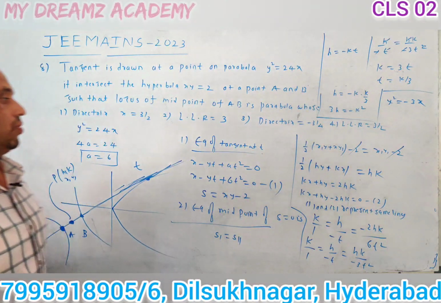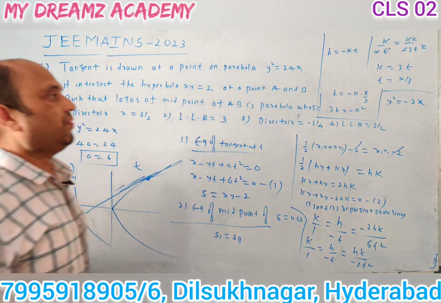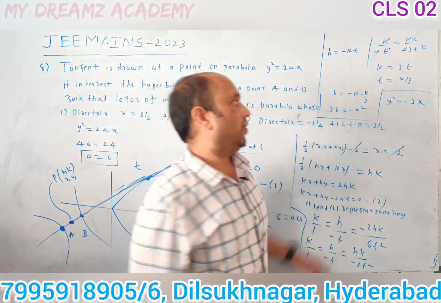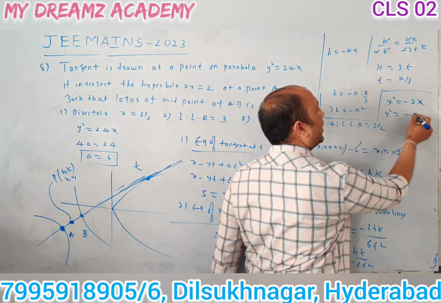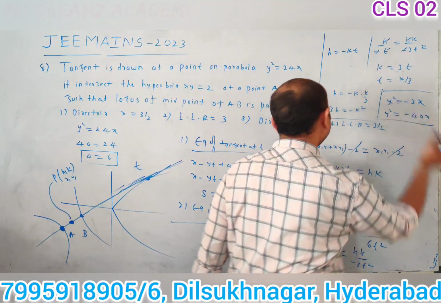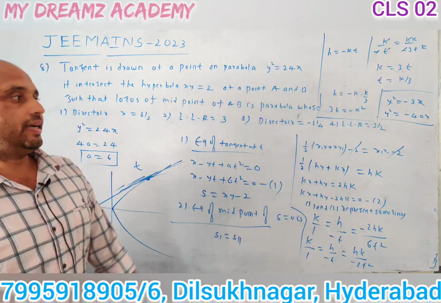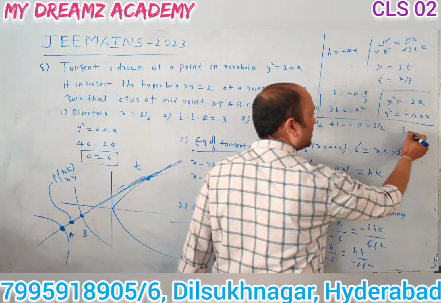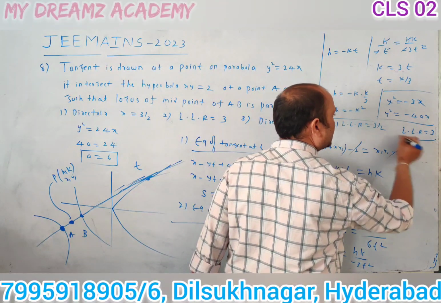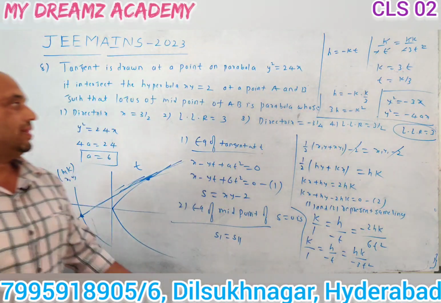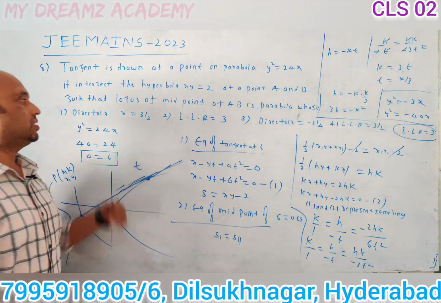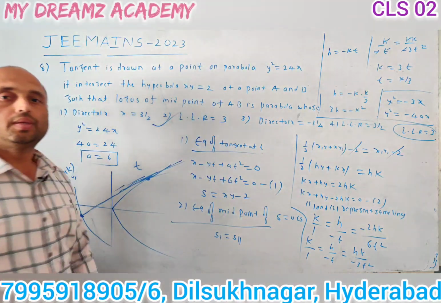This is in the form y square is equal to minus 4ax, whose length of latus rectum is 3. So our second option is true.